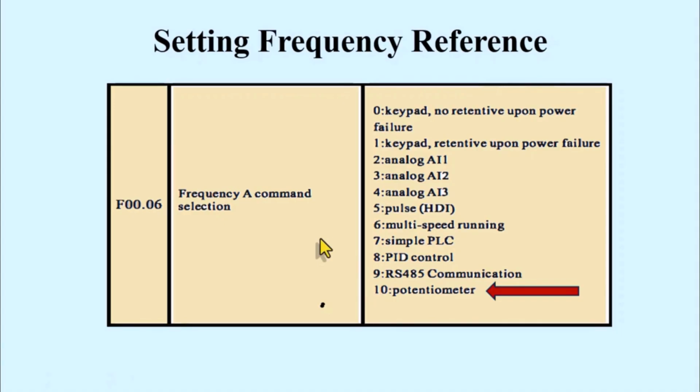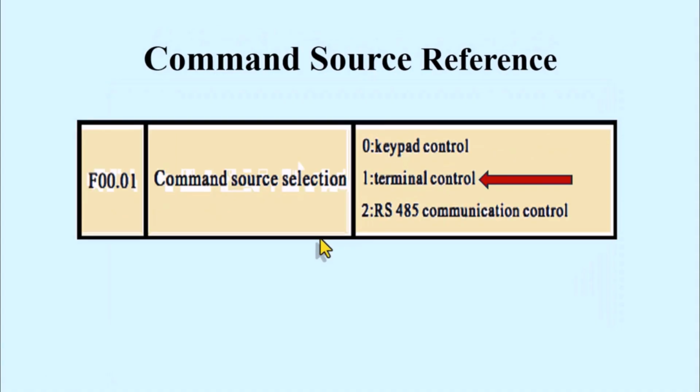So this is how the frequency reference for the BD600 inverter is set to be from the knob on the keypad. But if we don't want to start the motor from the keypad and instead want to do it through the command terminals or the digital inputs of the BD600 inverter, we need to go back into the F00 parameter group.